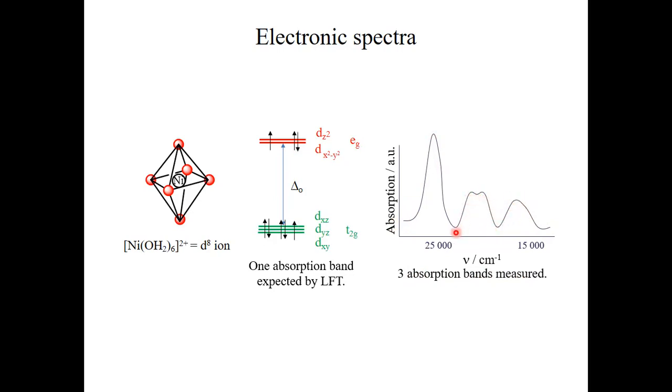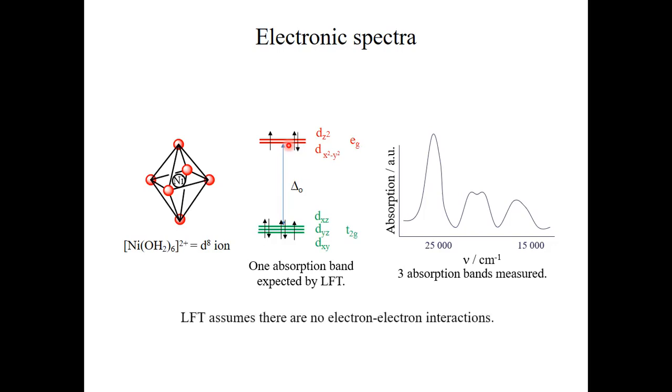So it seems that there are many more electron transitions possible than just this one, and that means that the electronic structure of our complex must be significantly more complicated than what ligand field theory would predict. So you see from that that there are still significant shortcomings of ligand field theory. Now the question is, what causes these shortcomings?